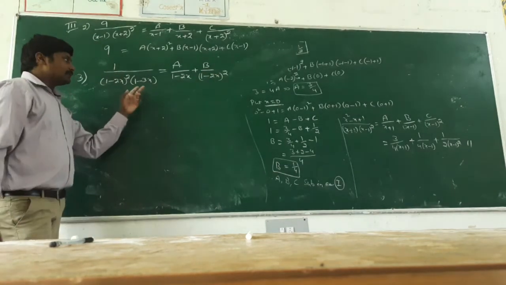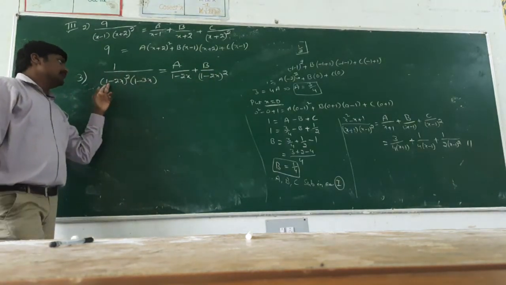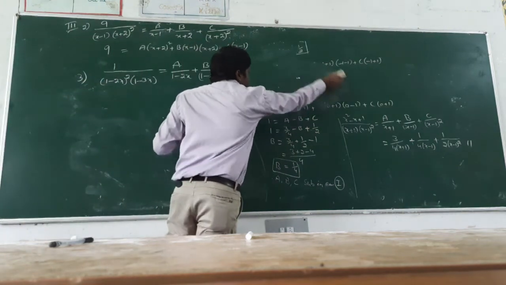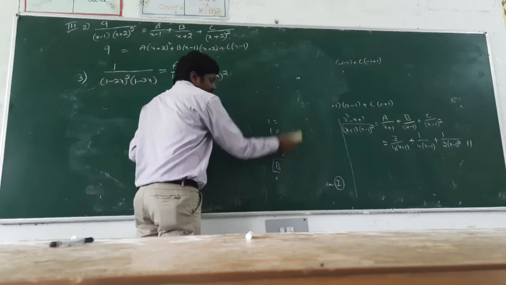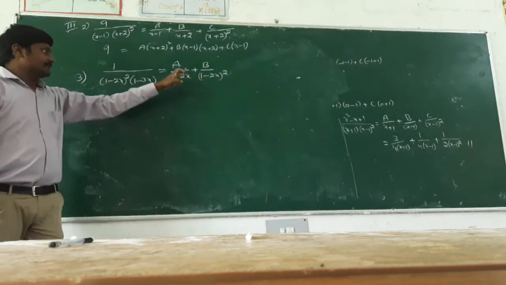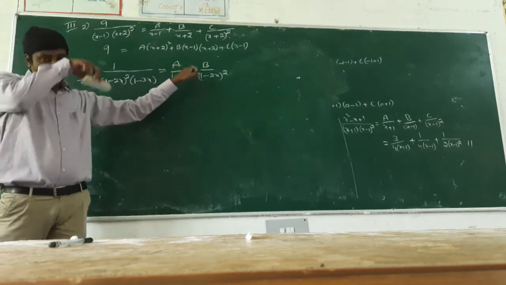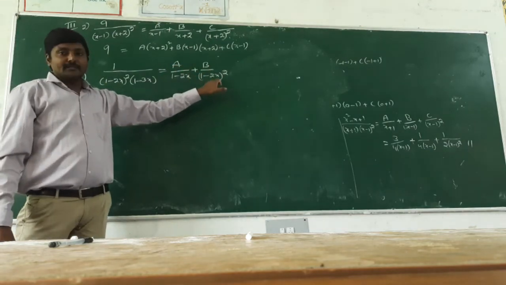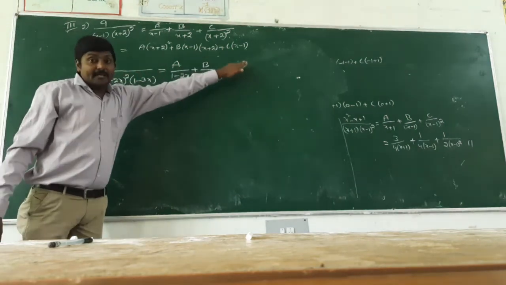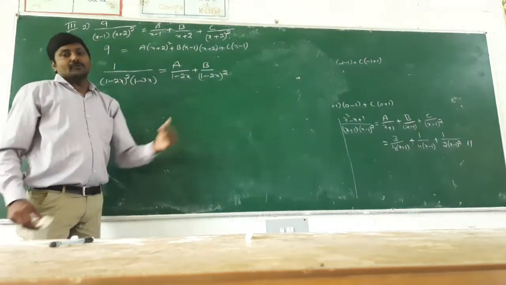Why? 1 minus 2x is a repeated linear factor. In case of power 3, plus c by 1 minus 2x whole cube also.